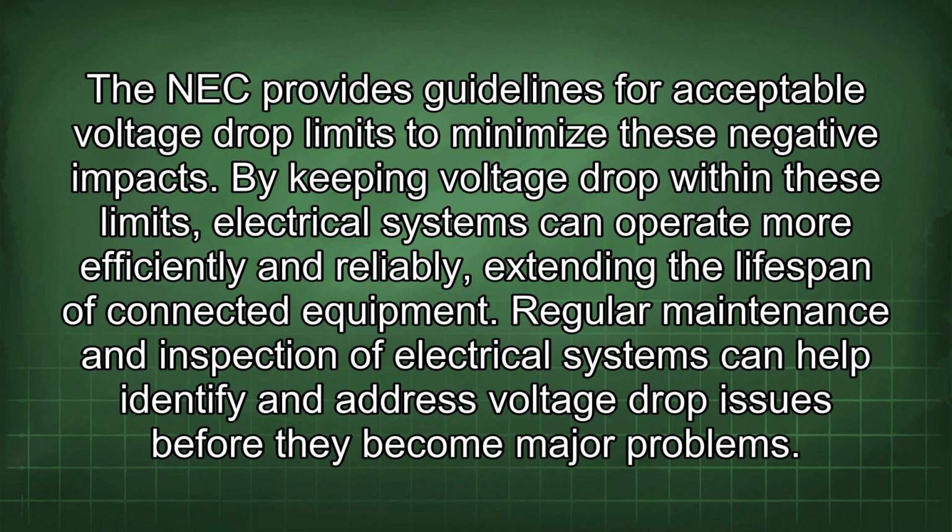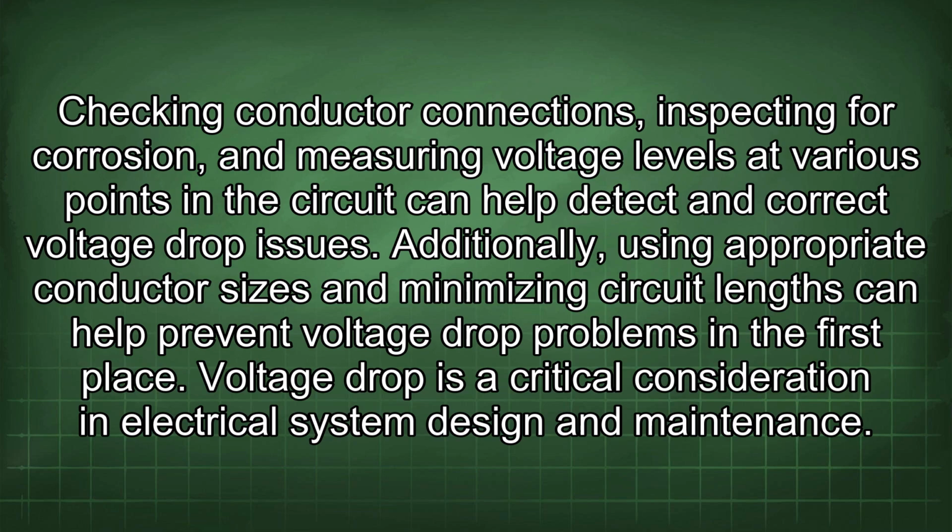Regular maintenance and inspection of electrical systems can help identify and address voltage drop issues before they become major problems. Checking conductor connections, inspecting for corrosion, and measuring voltage levels at various points in the circuit can help detect and correct voltage drop issues. Additionally, using appropriate conductor sizes and minimizing circuit lengths can help prevent voltage drop problems in the first place.